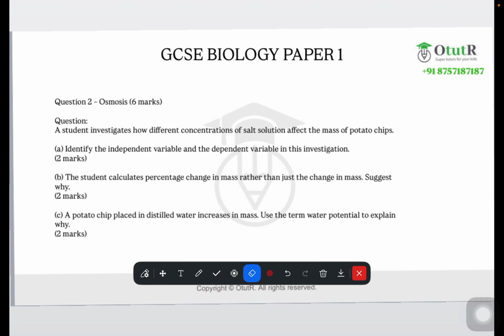So we'll say that distilled water has a higher water potential than the potato cells. Therefore, water moves into the potato cells by osmosis and it is down a water potential gradient.